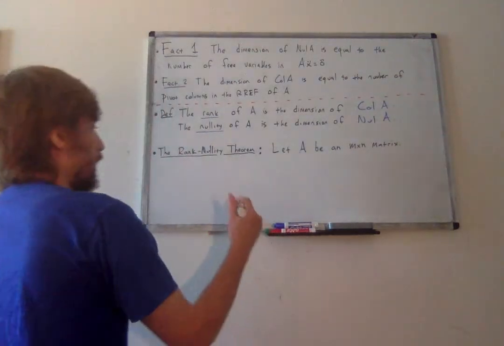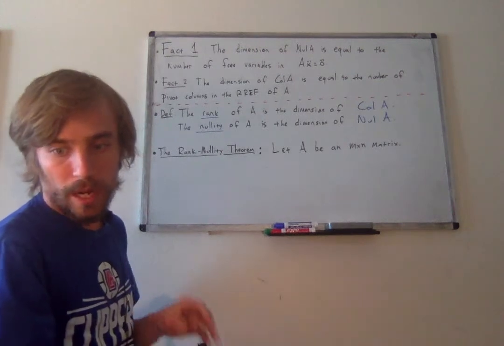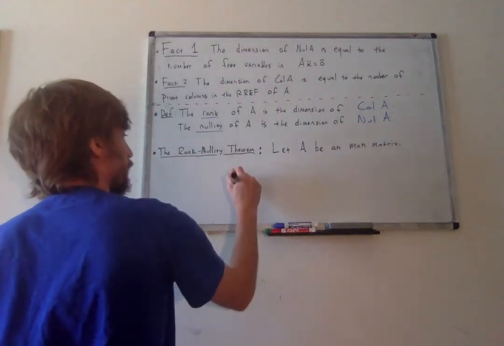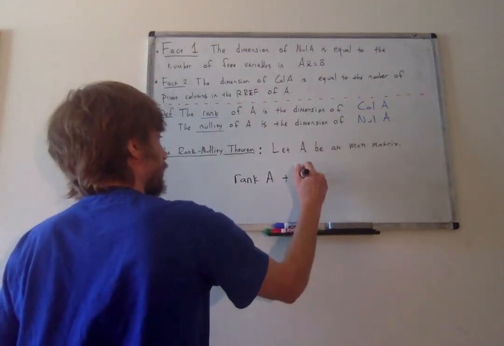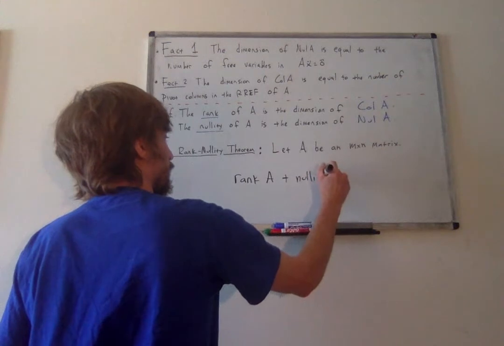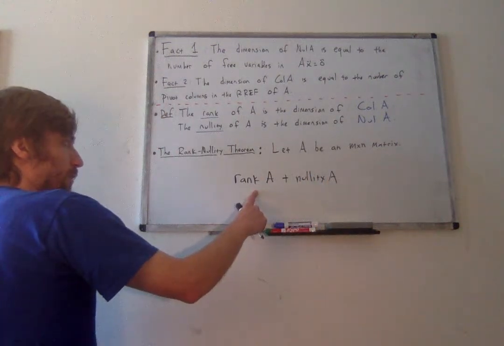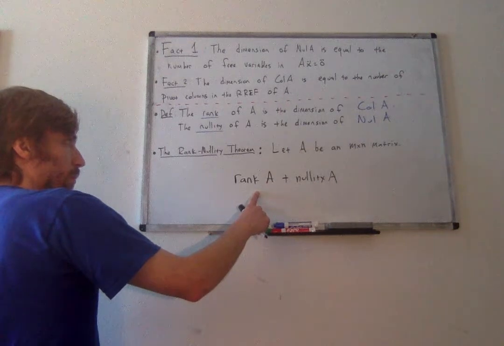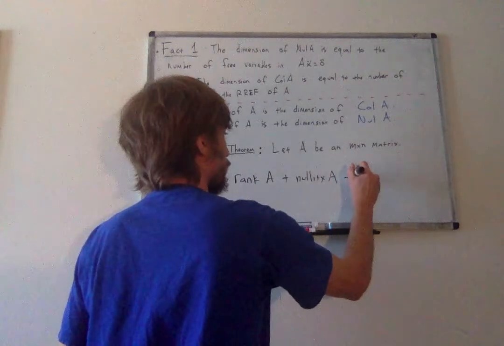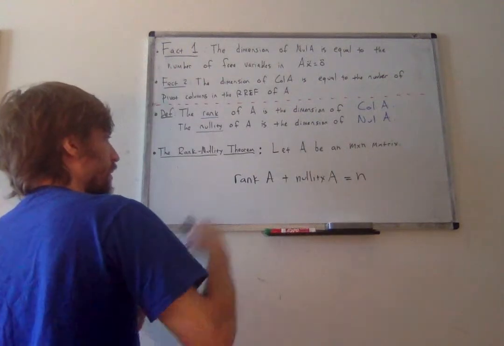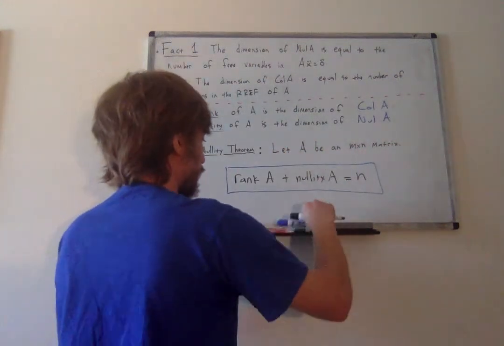And so the value of the rank of A, which we denote rank A, plus the value of the nullity of A: this one is counting the number of pivot columns in the RREF, and this one is counting the number of non-pivot columns. Since each column has to be one or the other, rank A plus nullity A is equal to n.